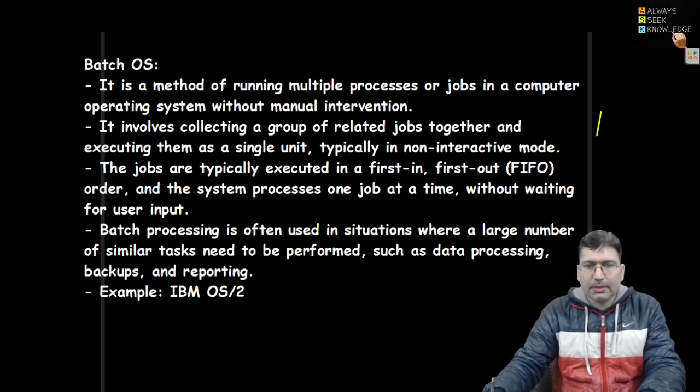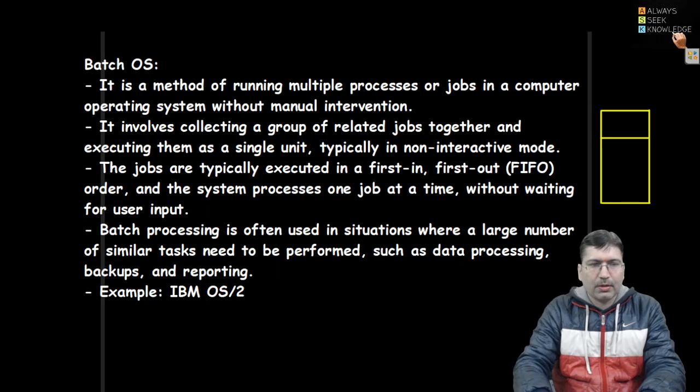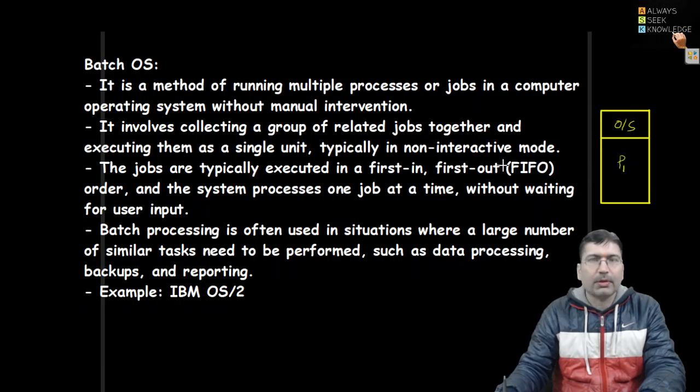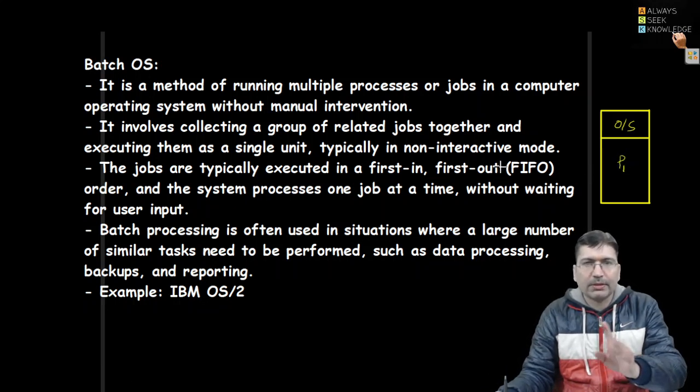So consider there is a RAM or memory available. Inside the memory, apart from the operating system, there can be only one process at a time. Let's say that is the OS, and any process you are loading here, let's say P1. A single process can be loaded at a time.